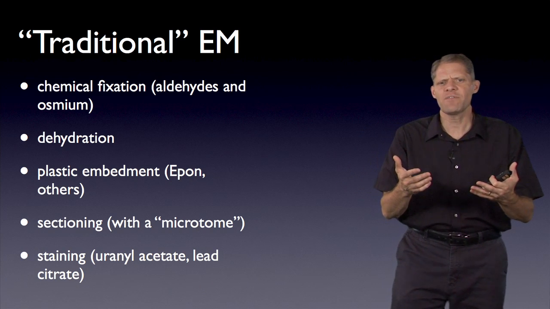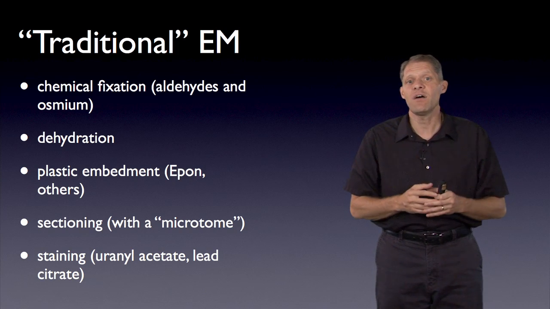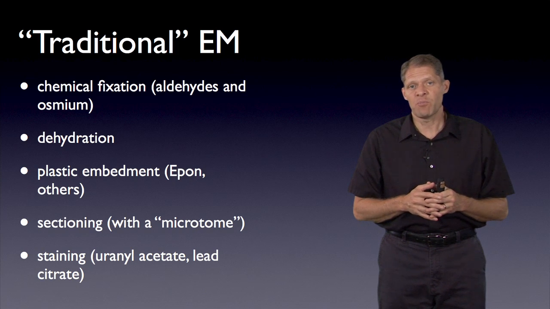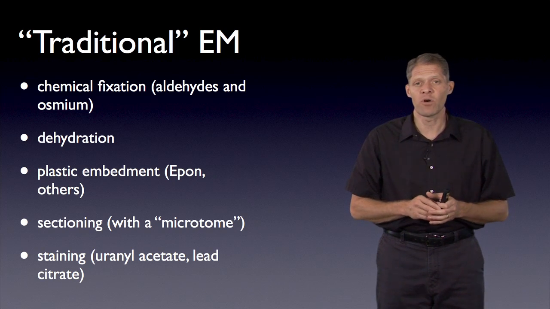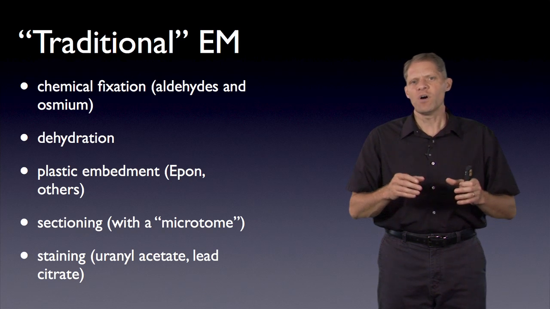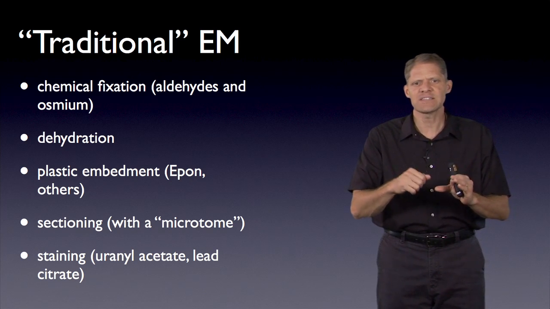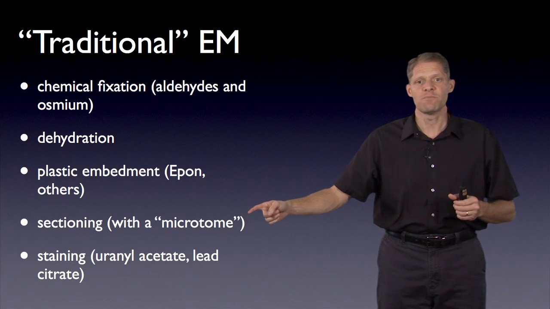So curing is often done by raising the temperature well above room temperature, even in an oven. But there are also special resins that will polymerize at lower temperatures, which has the chance of preserving more of the cell structure. Once the resin is cured, it's hard, like a hard piece of plastic, and it can then be sectioned with a microtome.